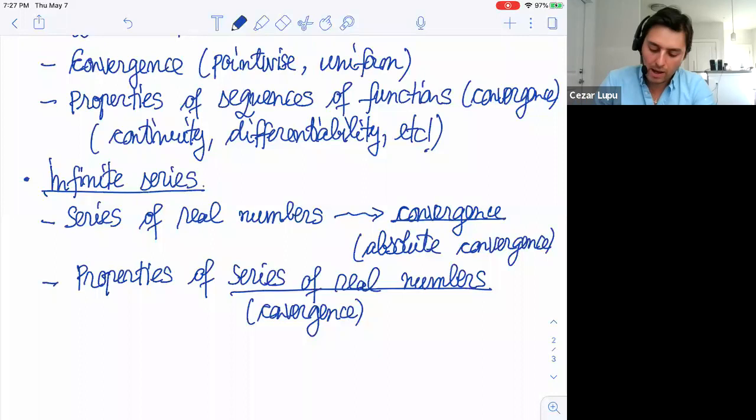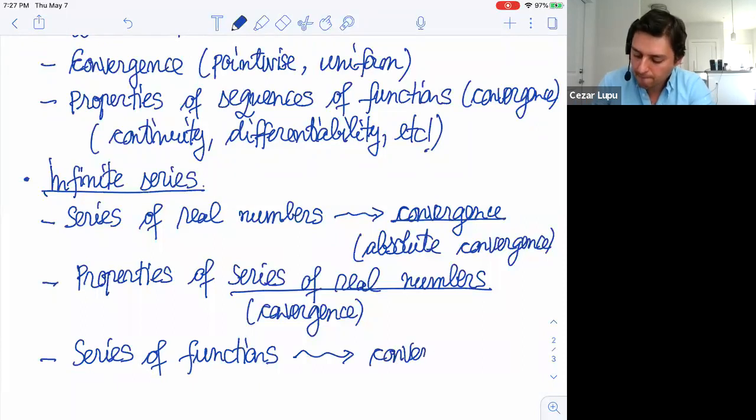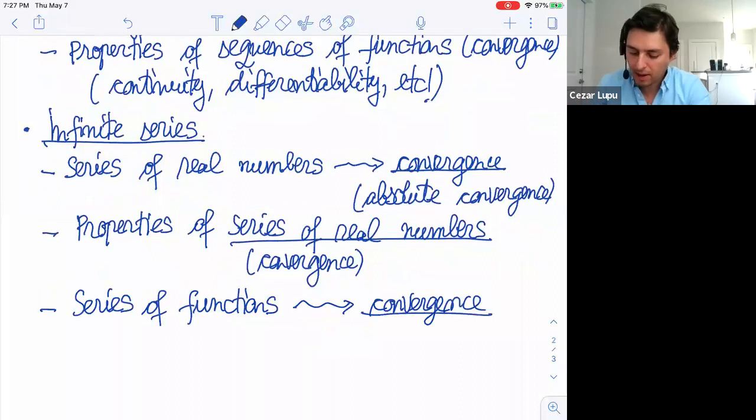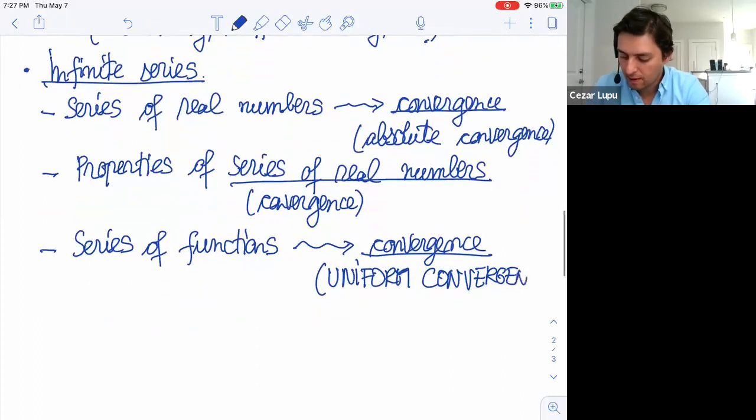And then series of functions. Again, I'm interested in convergence. But this time, I'll also have the word uniform convergence, just like in the case of sequences of functions.